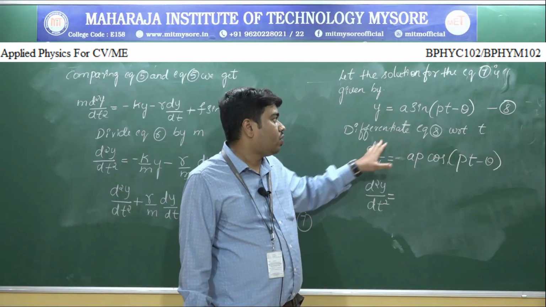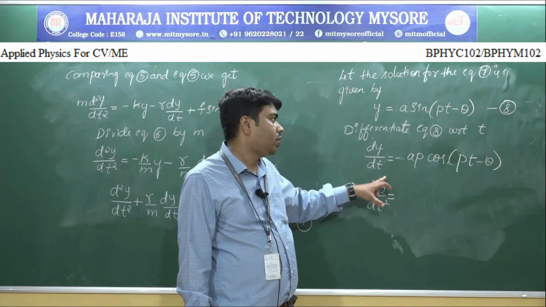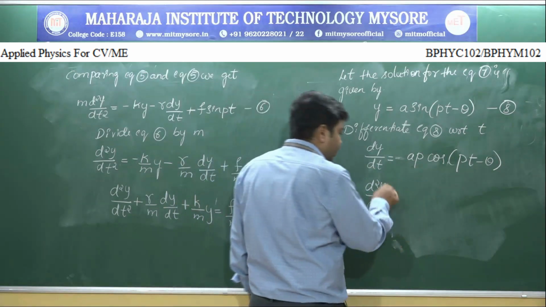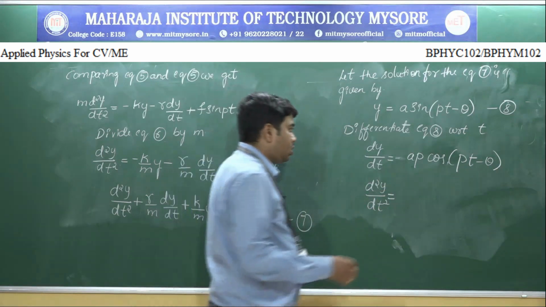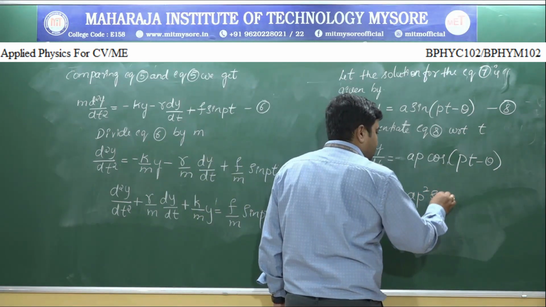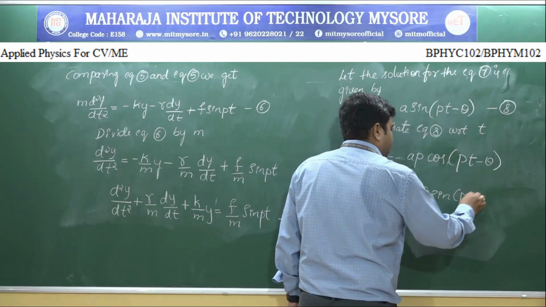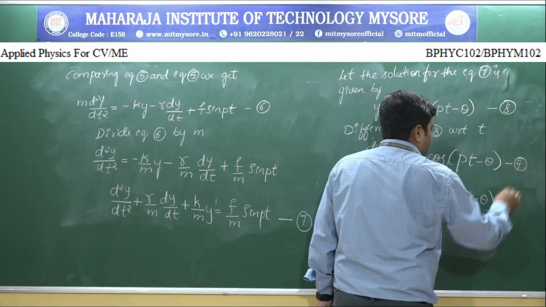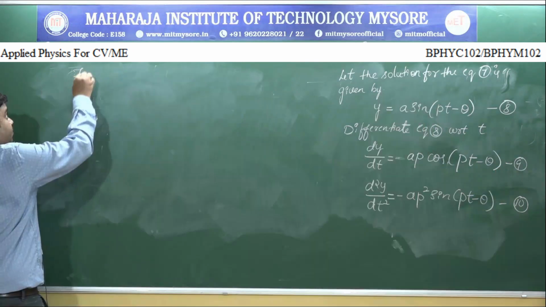So dy by dt is ap cos(pt minus theta), and if we differentiate further, it is minus ap square sin(pt minus theta). We will call this 9, and this 10.